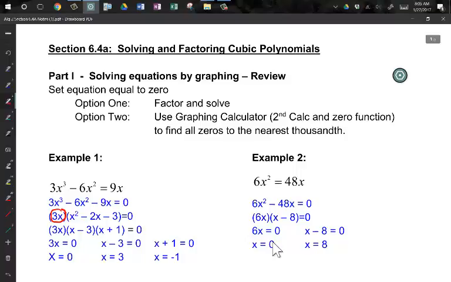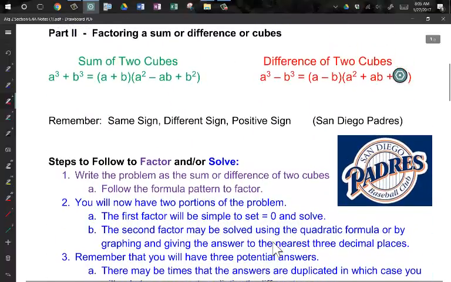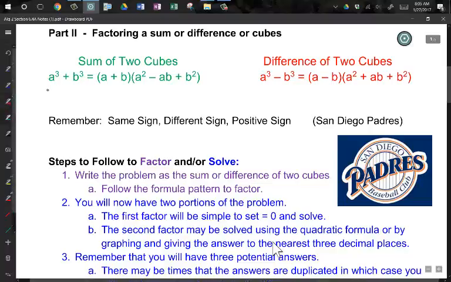But I'm going to push past that for today, and I want to talk about how we factor some very unique things. When we have unique pieces where both terms are cubed, we have a very unique situation. And so I have in green here the formula for the sum of 2 cubes.